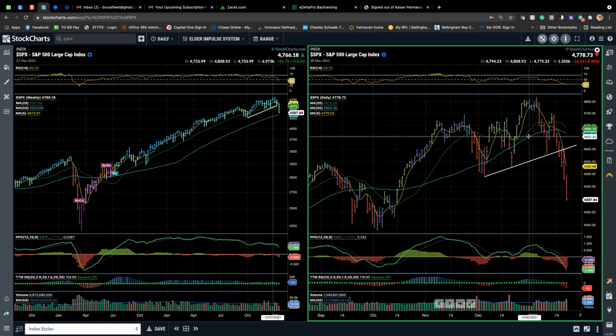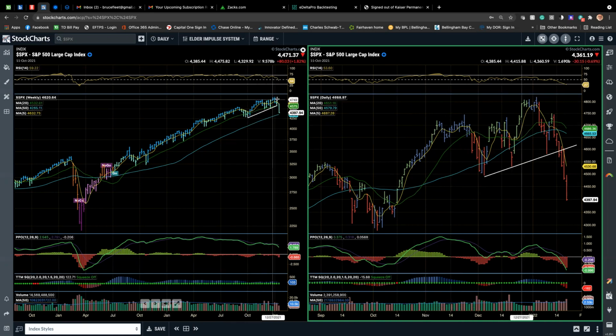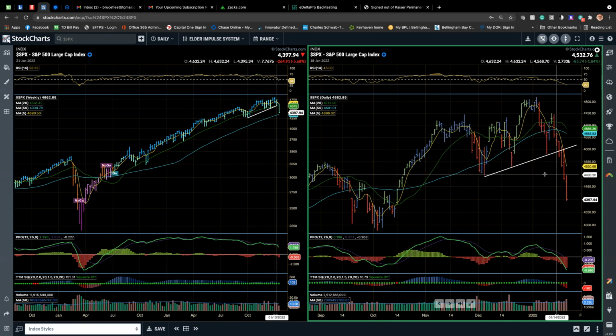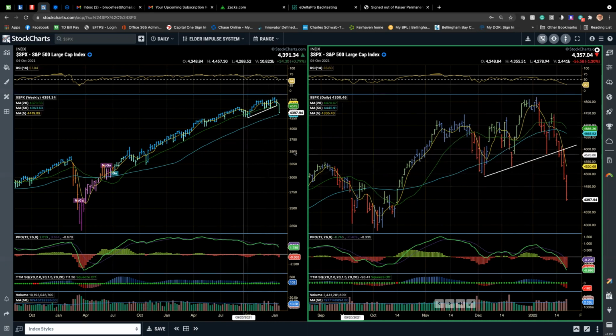Interesting, isn't it? So before this last week, this just looked like it was fine. It was just in a clear uptrend, even though we were experiencing tremendous pullbacks and volatility and so on.